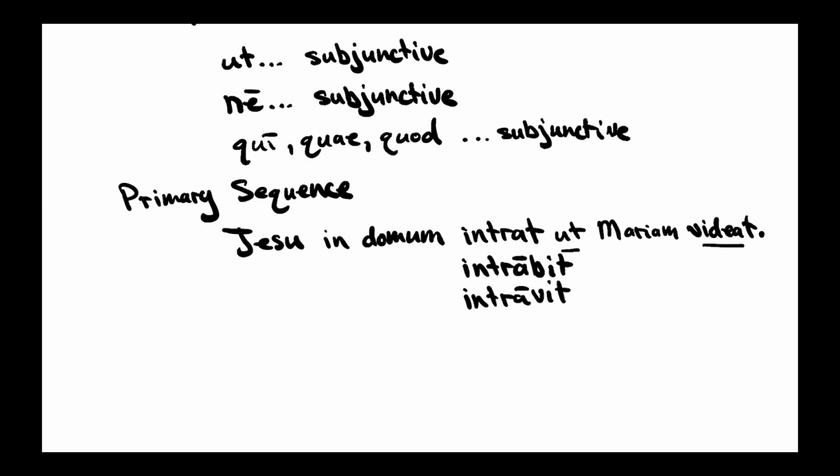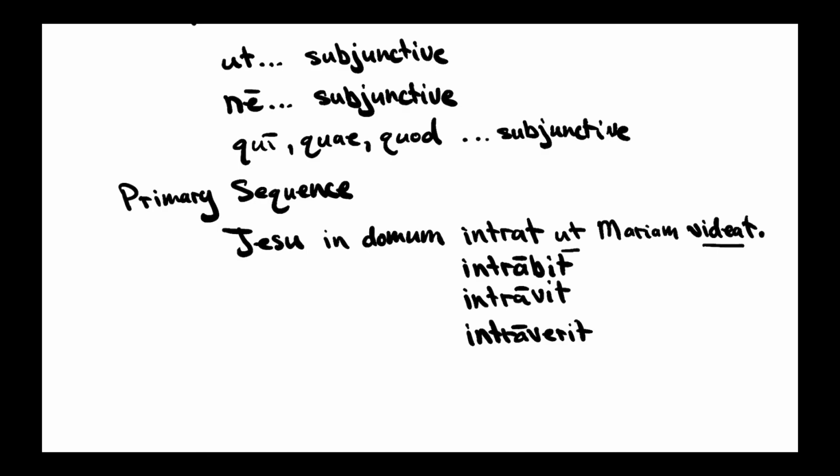Jesus has entered the house in order to see Mary, something like that. We could go future perfect. Okay. Jesus will have entered into the house in order to see Mary. So again, that present subjunctive is contemporaneous action with all of these primary verbs here.